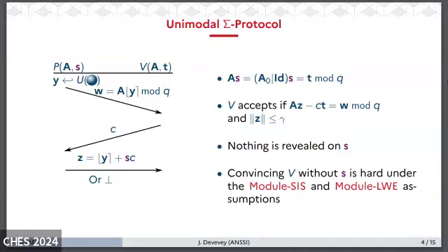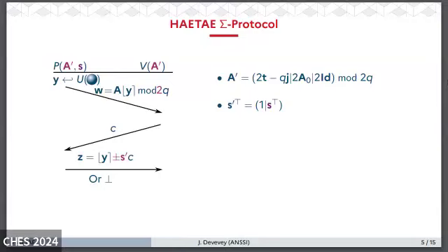And also, if you do not know S, you are unable to convince the verifier without breaking either the module SIS or module LWE assumptions, which are exactly the same assumptions as in Dilithium, so very, very close.